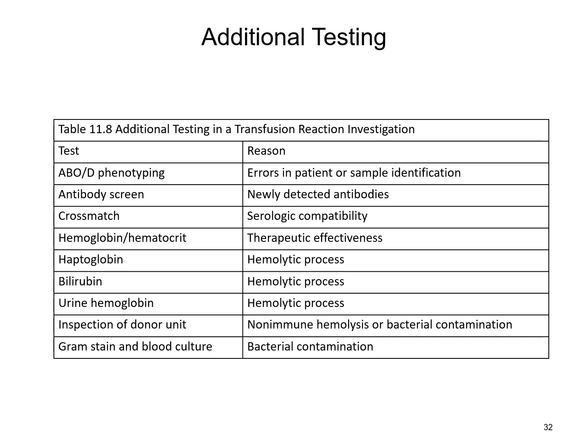Antibody screen may or may not be requested, and you'll do a crossmatch again, repeating that with pre- and post-samples. Check the hemoglobin and hematocrit, monitoring to see if there's continued destruction going on. Look at the haptoglobin and the bilirubin, as well as the urine for signs of hemoglobin. All of this is going to indicate whether there's a hemolytic transfusion reaction or a hemolytic type of process going on.